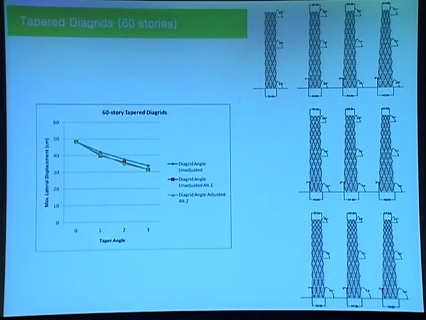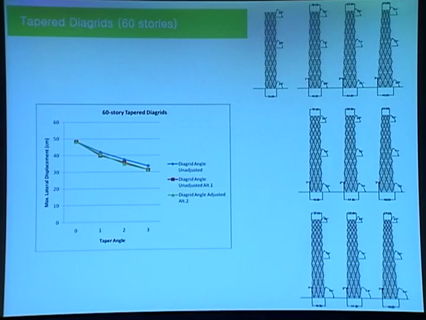If the diagrid module height is not changed and you taper the building, the diagrid angle keeps changing, and the angle becomes steeper as it goes to the top of the building. This adversely impacts the lateral stiffness, with a shallower diagrid angle at the bottom and a steeper angle at the top.